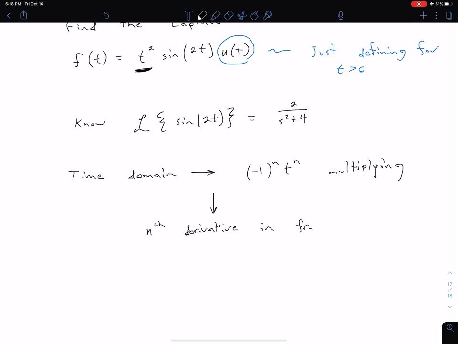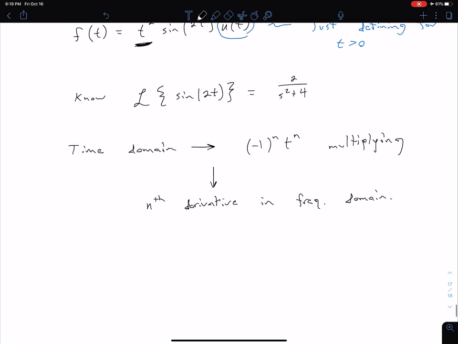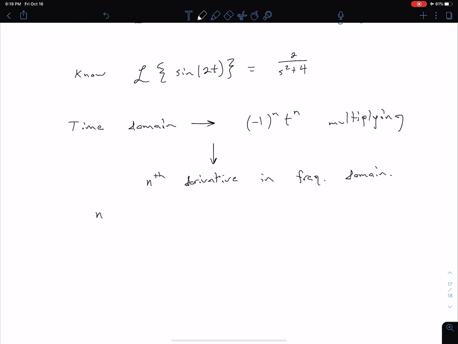This was one of the operational transforms that we had looked at. Since we have a t squared, that must mean two derivatives. That also checks out, because (-1) squared is just 1. So let me write that explicitly: n equals 2 in this case, which corresponds to a second derivative.